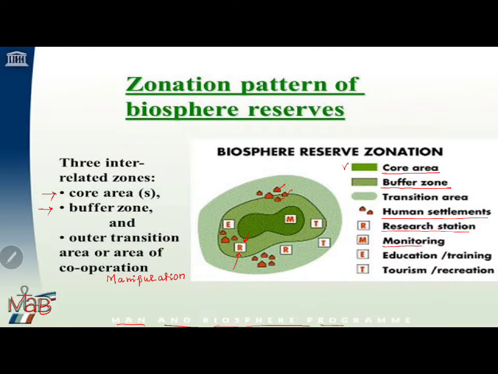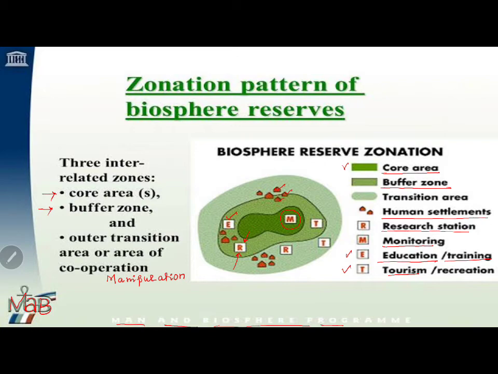And then monitoring. It is again in the core zone if you see, so that nobody would encroach the rules and disturb the decorum of the core zone in terms of quantity and quality. Then E and T are education, training and tourism.